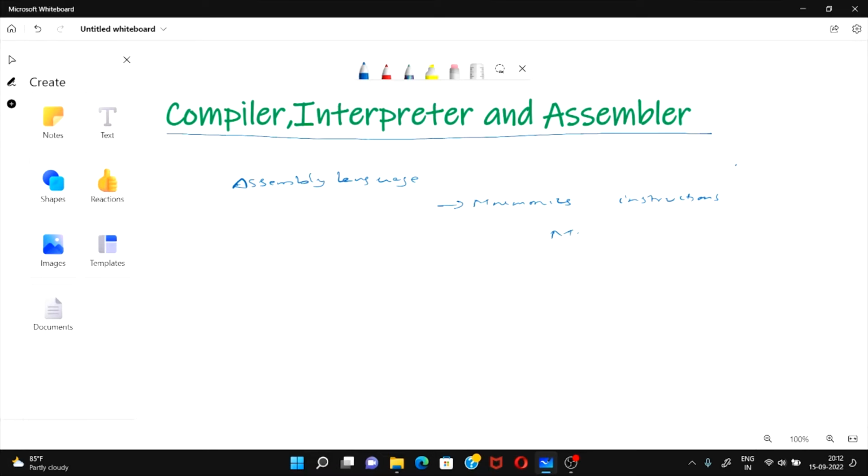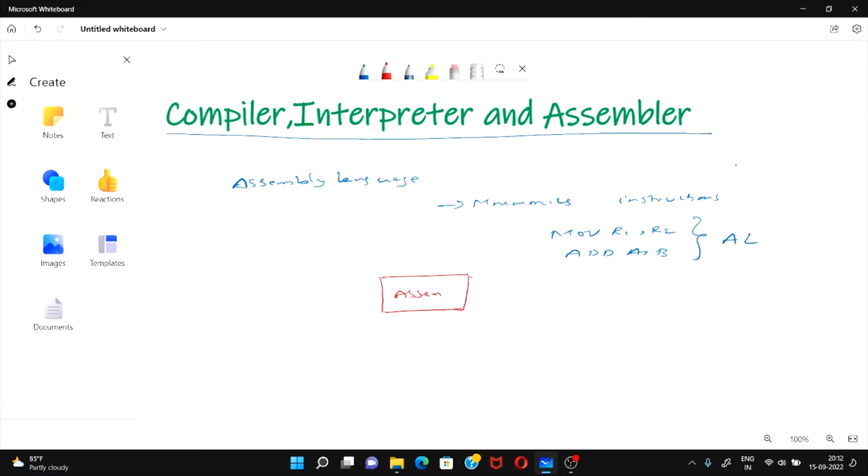Like we can say move R1 comma R2, add A comma B. So this type of language we can call assembly language. So for that we need an assembler.